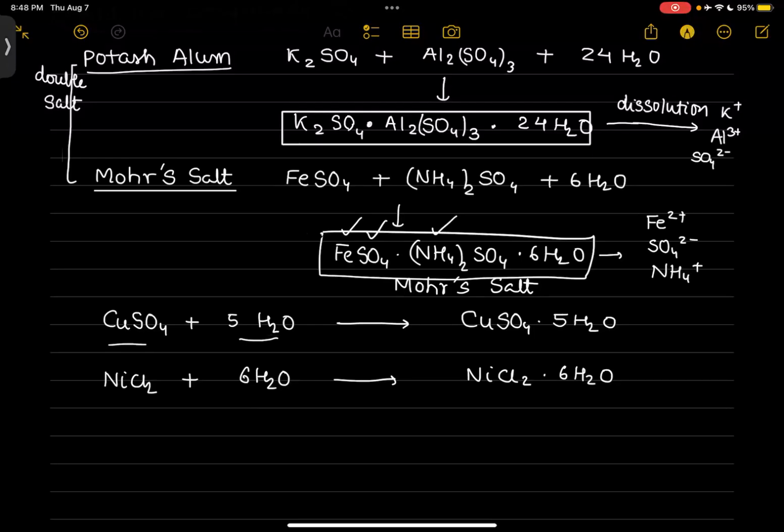Now I need to talk about the coordination compound, which is what the chapter is mainly based on.